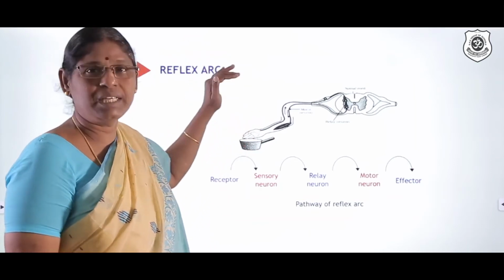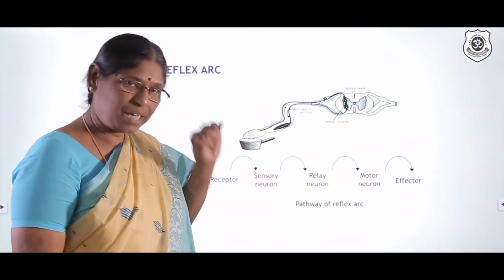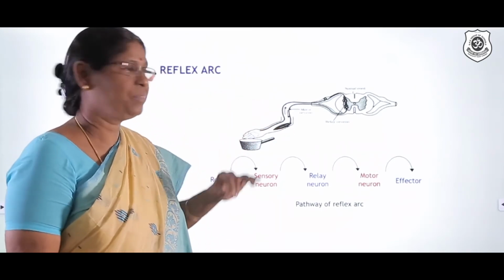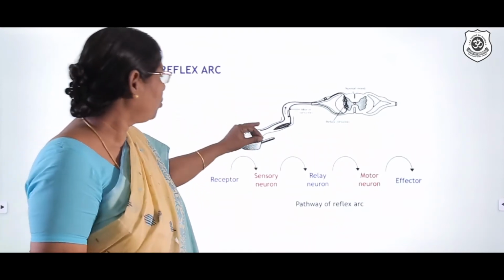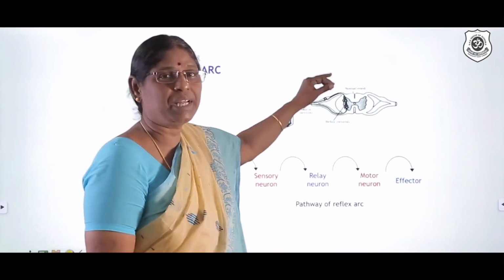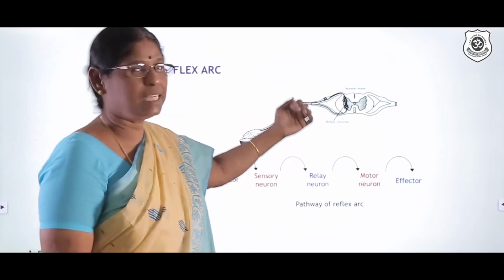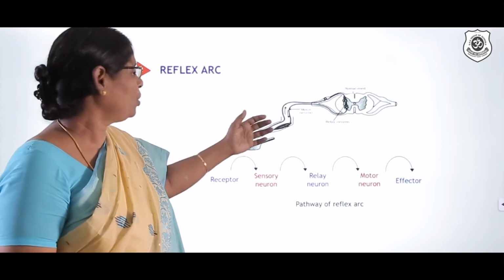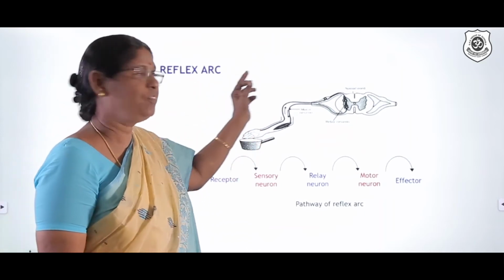It will be taken away from the hot object. So this action actually happens very quickly compared to the normal way of taking the messages. Because it doesn't go to the brain, in between itself, that is in the spinal cord itself, it gets the information and comes back. So it's a quick action, and this we call reflex arc.